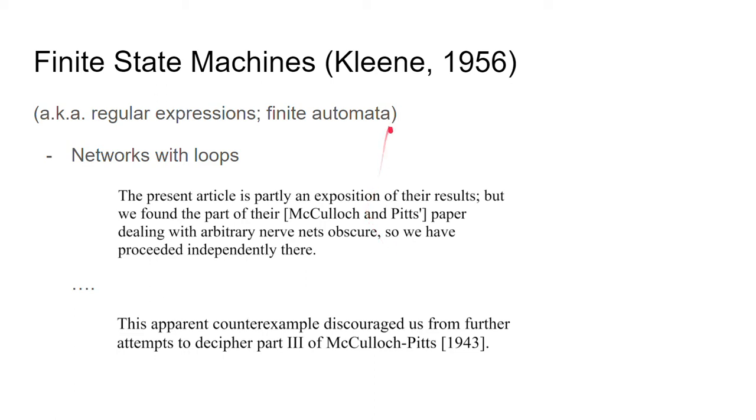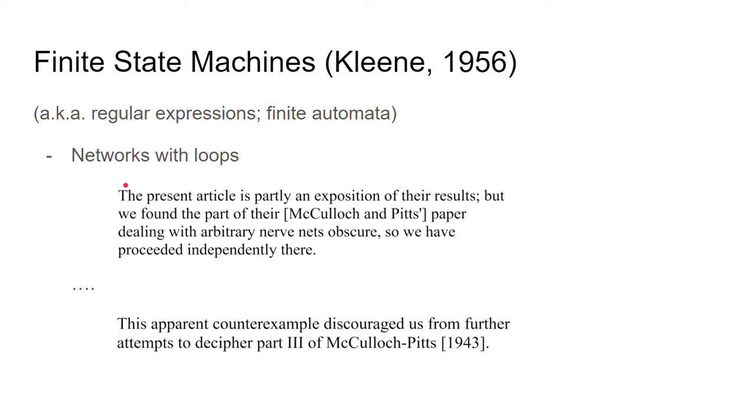The normal paper that's cited as starting that field is this one here, 1956, or at least a more common one. It's pretty much beside the point of the paper, but I love these sorts of comments in that paper. They say that, oh yes, this present article is partly an exposition of their results, referring to McCulloch and Pitts.